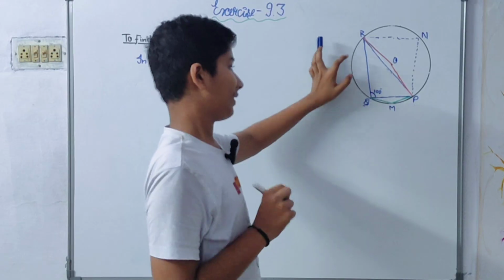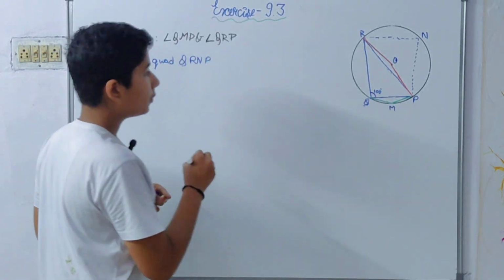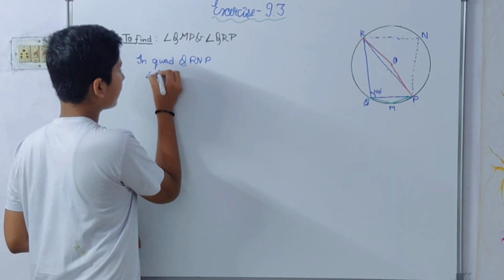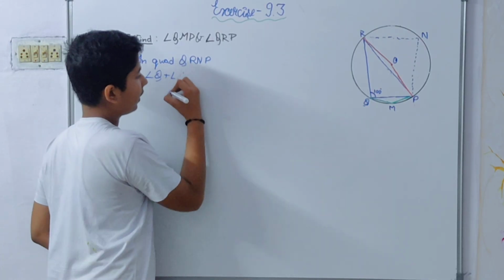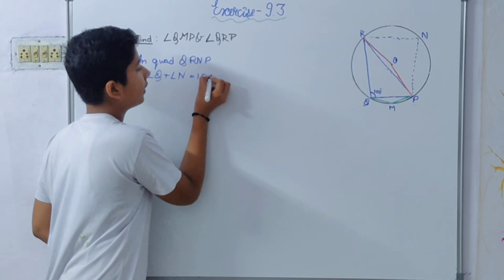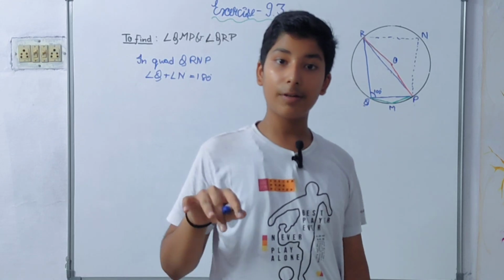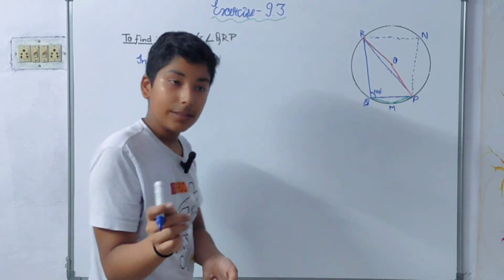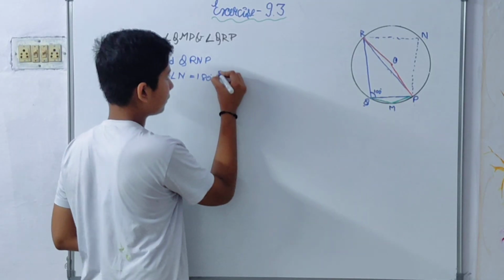In this quadrilateral, angle Q plus angle N equals 180 degrees. Why 180 degrees only? Why not 90 degrees, 70 degrees or 45 degrees? This is because of the cyclic quadrilateral property.